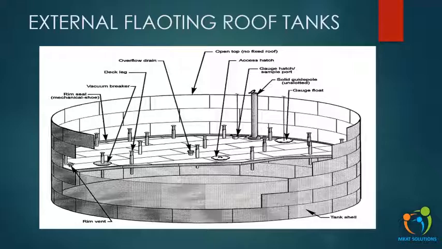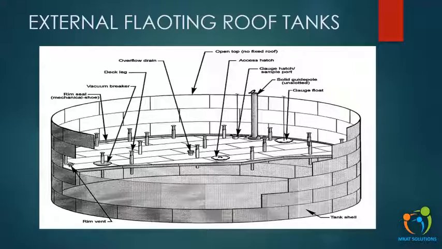We need to release it. If we are releasing the vapor, that means the petrol is getting evaporated, and petrol is a costly item, right? We cannot just let it evaporate. So if we provide a roof very close to the surface of the fluid, then oxidation will not happen, and it will not evaporate. To avoid evaporation, we don't provide any gap for oxygen.